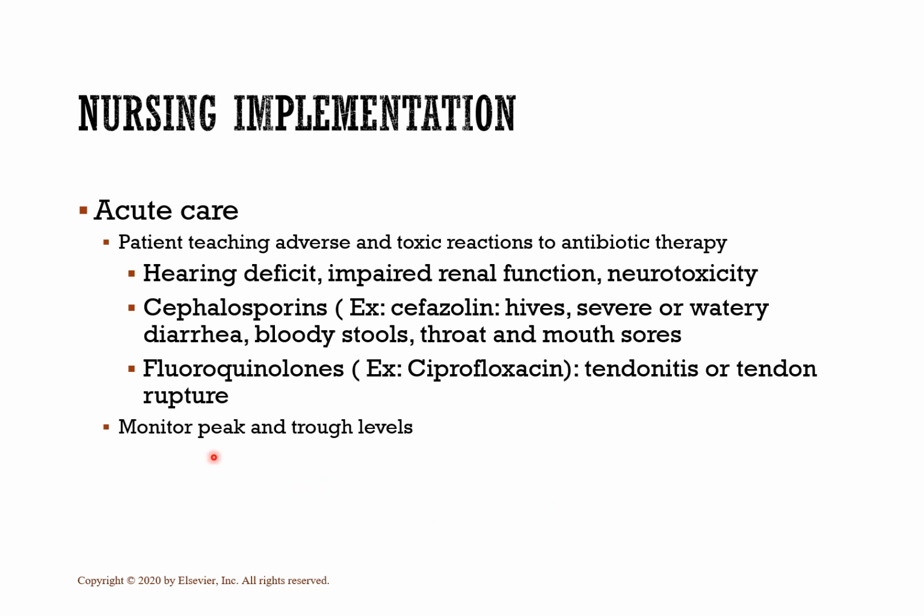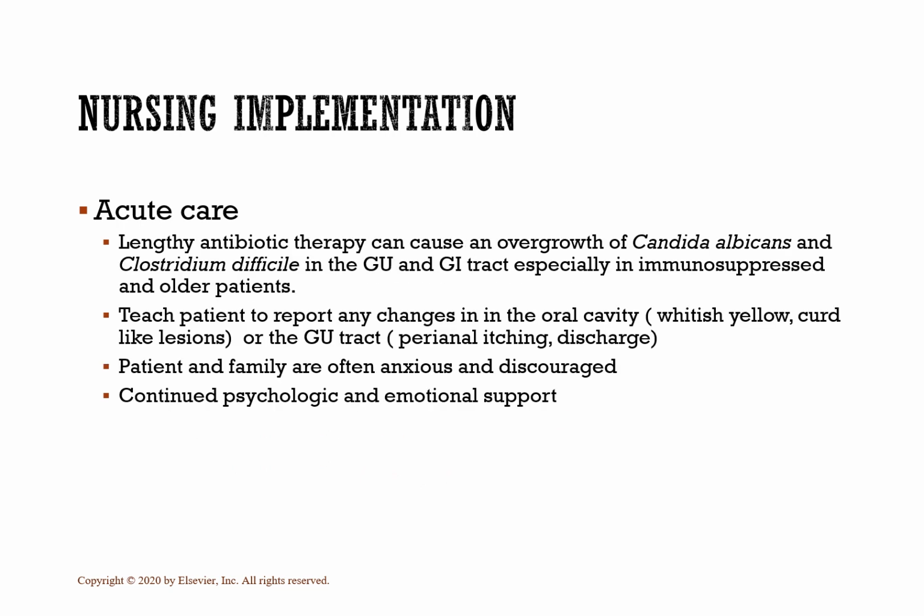So I'm really interested in hearing from you guys how we get the peak and trough levels. And you want to look to see whether any of the medications I gave you are asking you to do your peak and trough levels as well. So lengthy antibiotic therapy can cause an overgrowth of Candida albicans and C. diff, particularly in the GU and GI tract, especially if the patient is immunocompromised and in older patients.